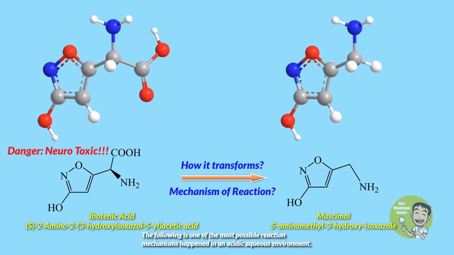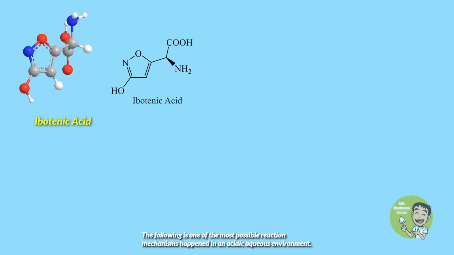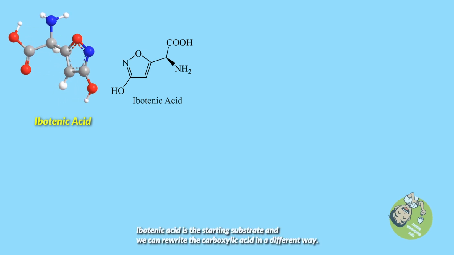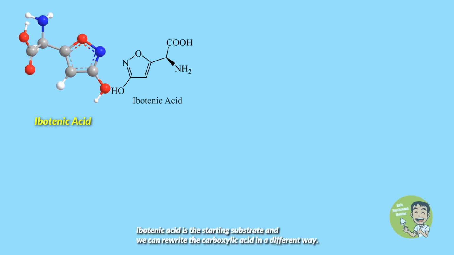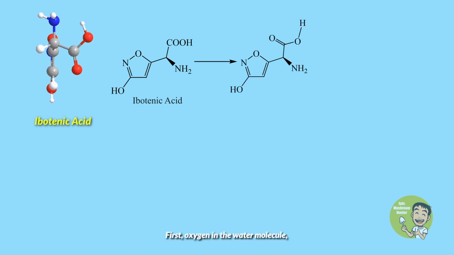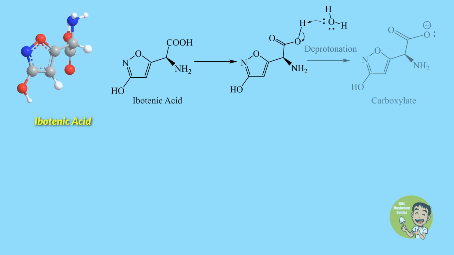The following is one of the most probable reaction mechanisms happening in an acidic, aqueous environment. Ibotenic acid is the starting substrate, and we can rewrite the carboxylic acid in a different way. First, oxygen in the water molecule attacks the hydrogen on the ibotenic acid to form a carboxylate, a resonance structure.